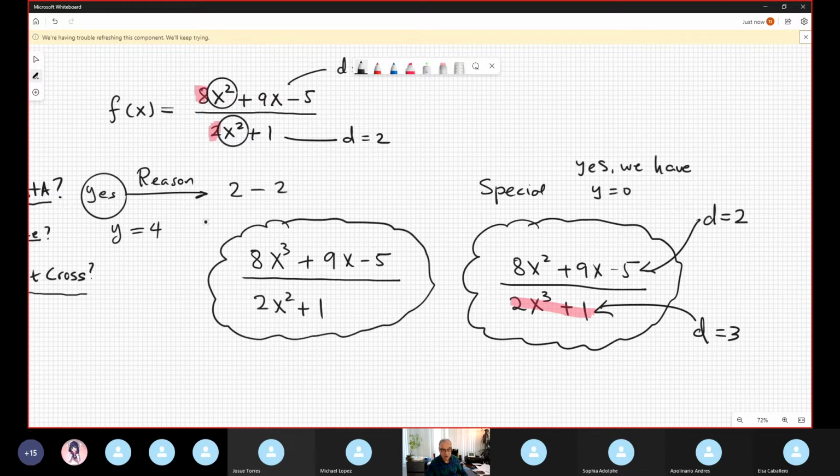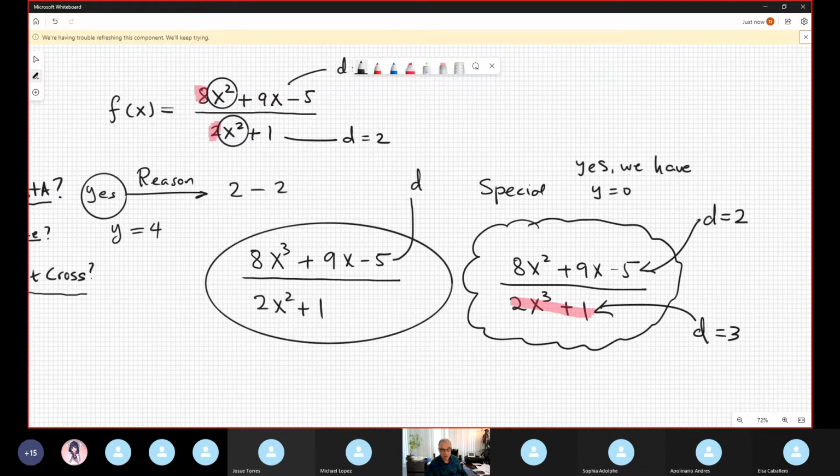What about this guy? The degree of this is 3? And the degree of this is 2. So in this case, not equal, and the degree of the numerator is bigger. So the answer is no horizontal asymptote.